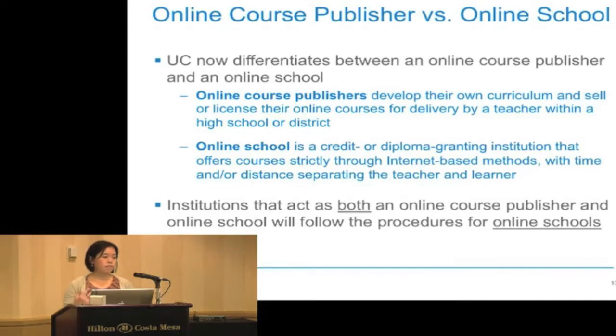This showing the evidence of accreditation, that is also what we do with our traditional brick and mortar schools that would like to establish A to G course lists for us. And under the policy revision here, the aim is to, again, create parallel processes for online courses and classroom-based courses. In the case where you might have an institution that acts also as a publisher, is that perhaps your question?